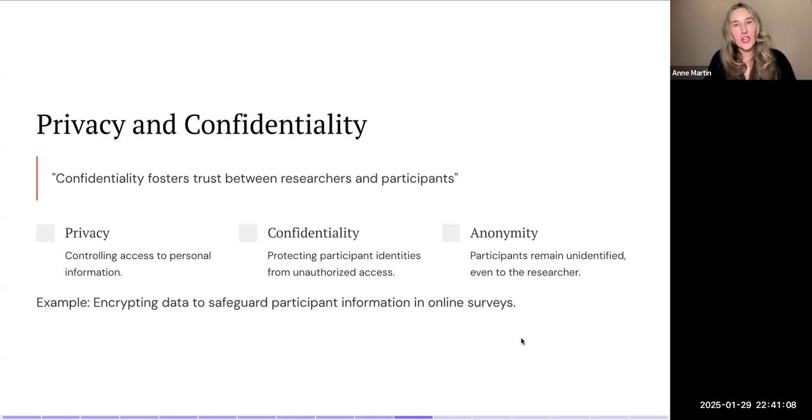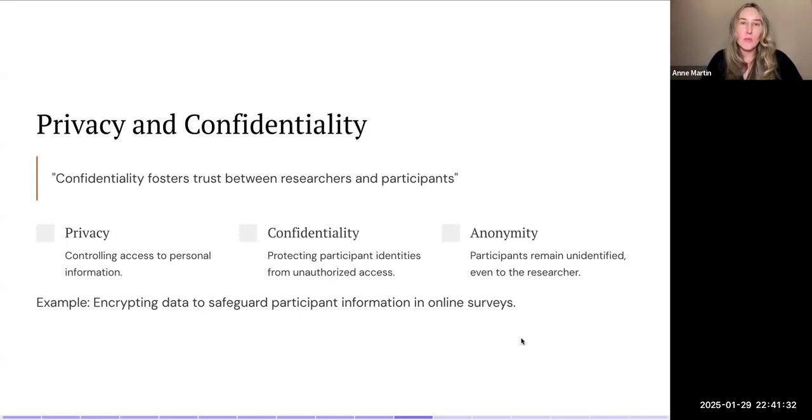Both confidentiality and anonymity have to do with protecting the identity of participants, but there is a key difference. So confidentiality is when the researcher knows who the participant is. So for instance, let's say that I was interviewing my students about their experiences in an online course.